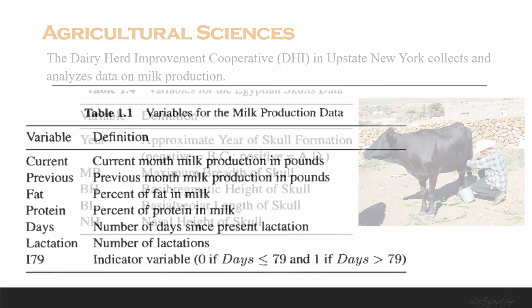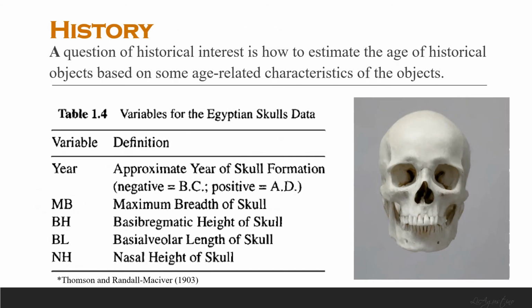Next we have history. A question of historical interest is how to estimate the age of historical objects based on some age-related characteristics of the objects. So we have our Y: what is the estimated year of skull formation?